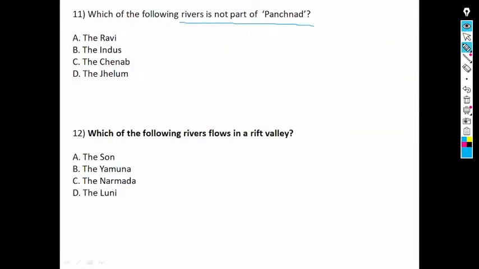Next, which of the following rivers is not a part of Panchnad? Ravi, Indus, Chenab and Jhelum.